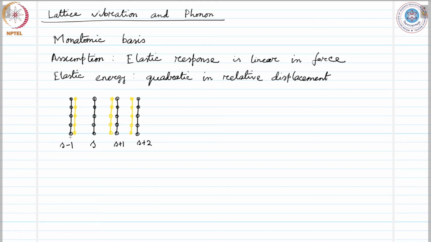That's all. This is for simplicity. So we would denote the displacement with U. This is not the coordinate, this is the displacement.